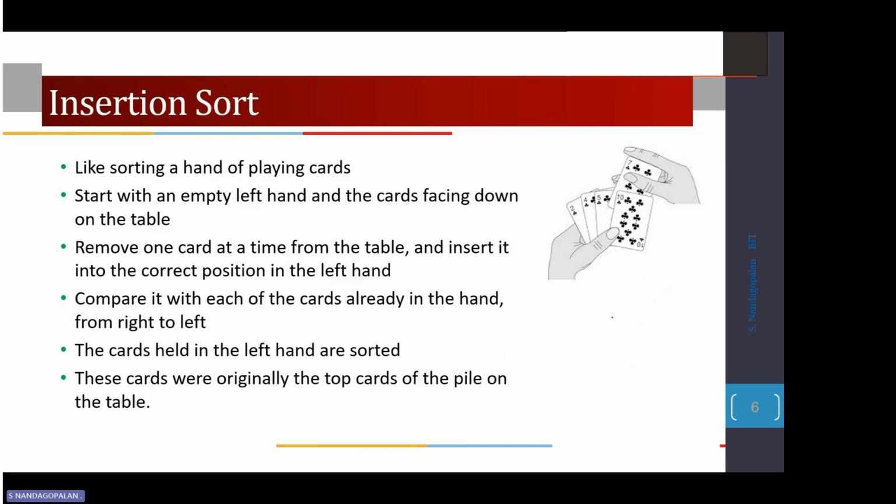So let's now start with insertion sort, for which the real world analogy is the Indian rummy. I hope that most of you would have already played this Indian rummy, where you have different shapes, club, spade, and so on.